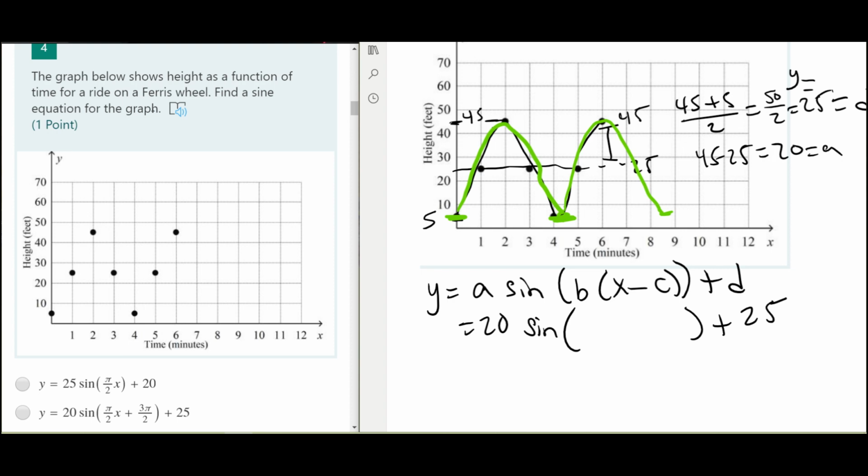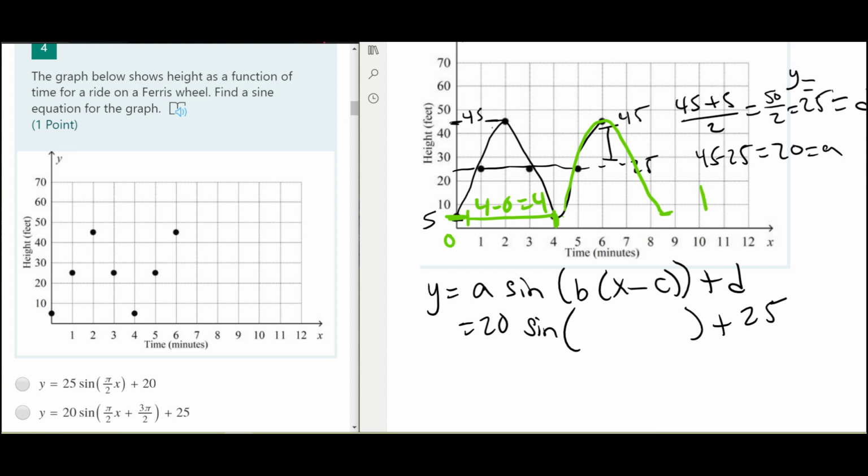So the period is going to be the distance from there to there, which is from 0 to 4, so this is at the 4 mark. So the distance is 4 minus 0, which is 4. So my period here is 4.